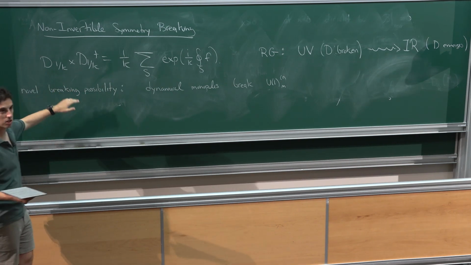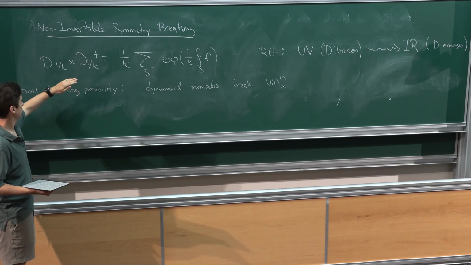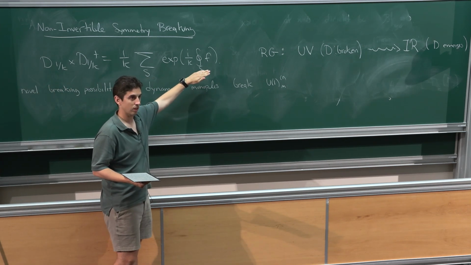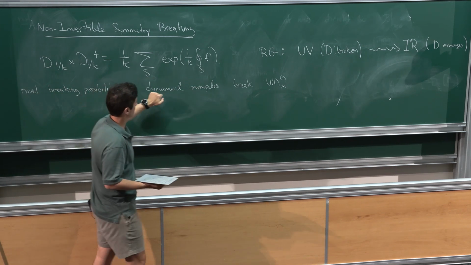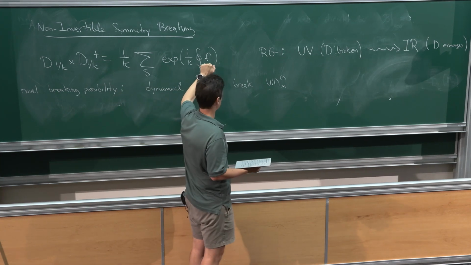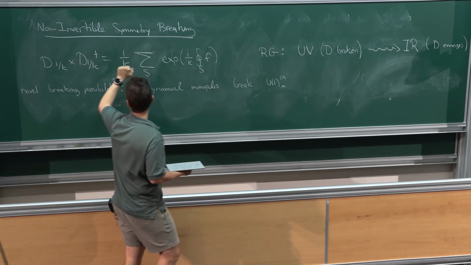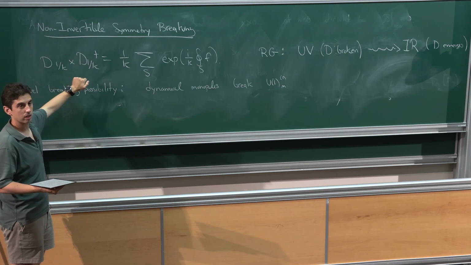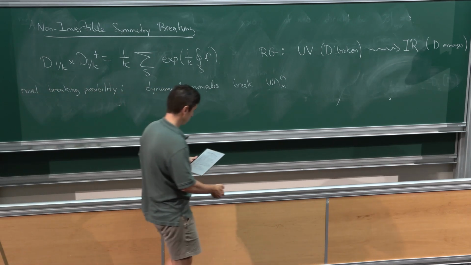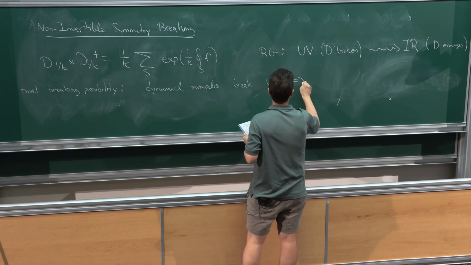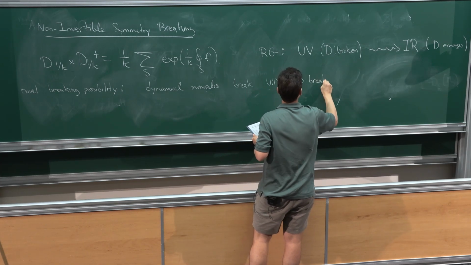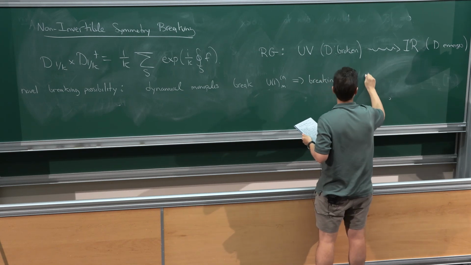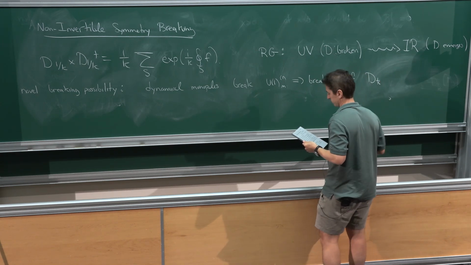Somehow, we managed to produce a non-trivial algebra between the chiral symmetry and the one-form symmetry. So if I have dynamical monopoles and they break this one-form symmetry, this formula tells me that's going to be communicated over here and somehow break this symmetry. So this implies a breaking of this chiral symmetry.